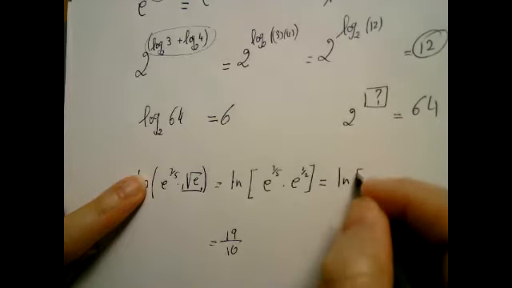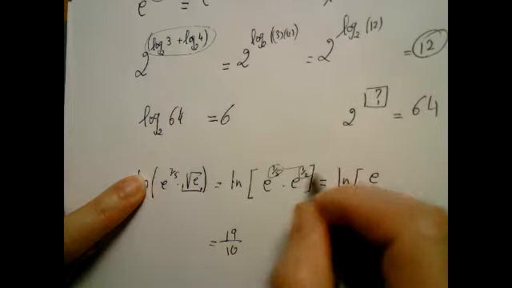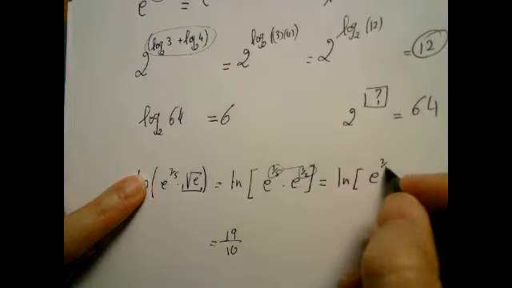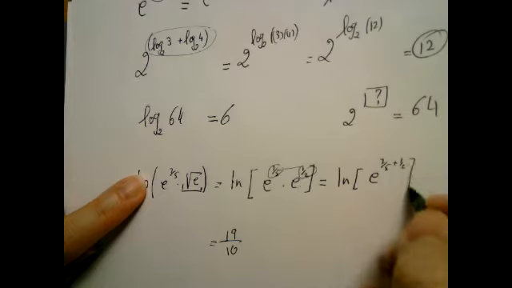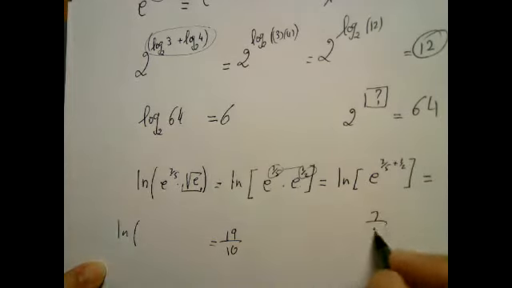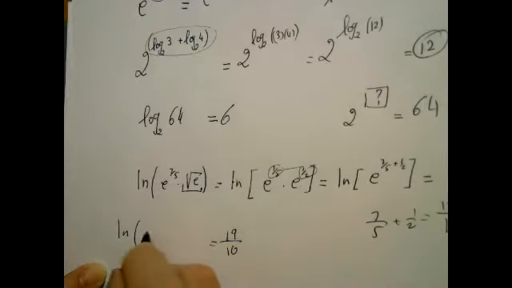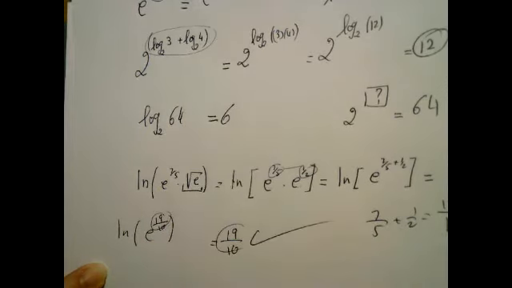Absolutely, so that's ln. Now, that's the same base multiplication, we add the powers. So now we add them. That will give me ln of e to the 7/5 plus a half, common denominator 10, that gives me 14 plus 5, 19. e to the 19 over 10. ln of e to the 19 over 10, correct.